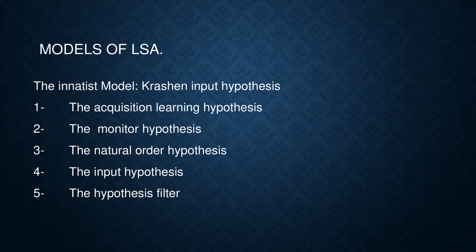The first is the acquisition-learning hypothesis, Krashen's claim that adult second language learners have 2 means for internalizing the target language. The first is acquisition, a subconscious and intuitive process of constructing the system of a language.